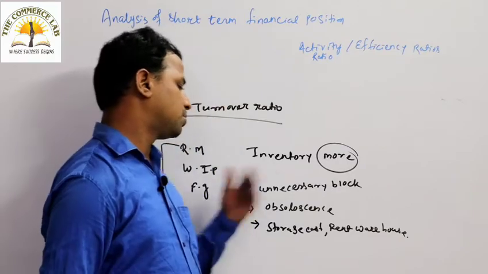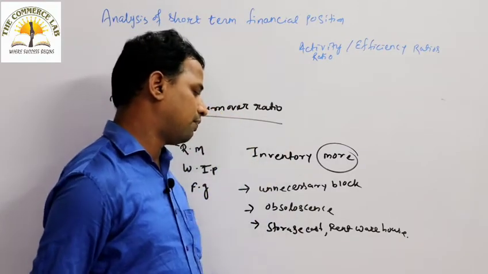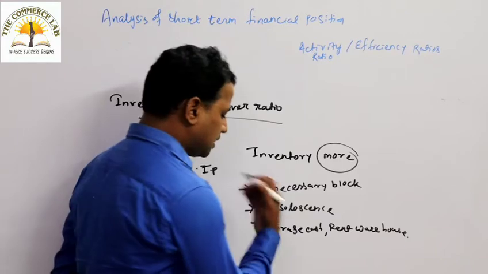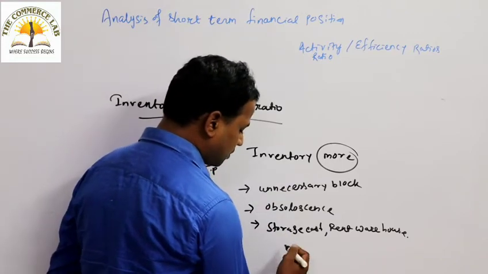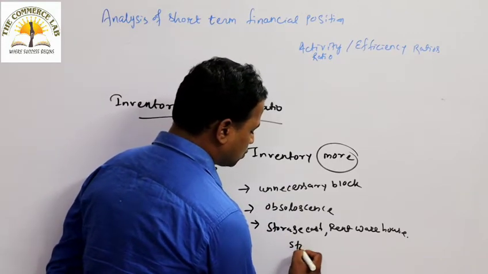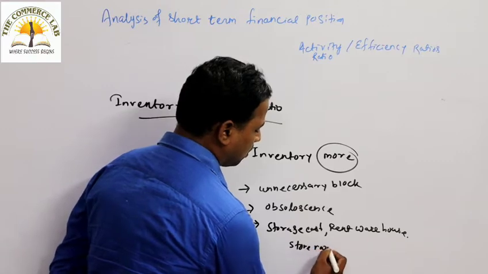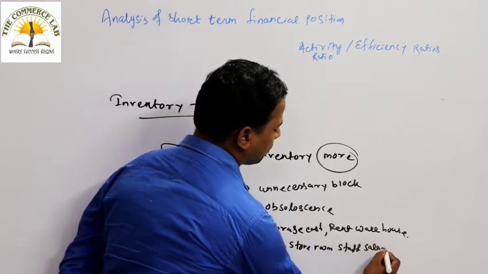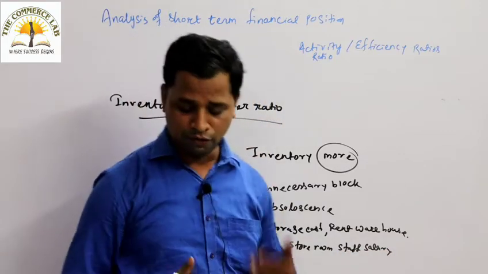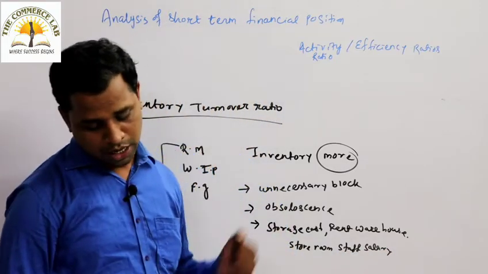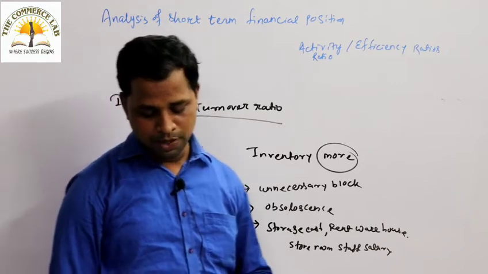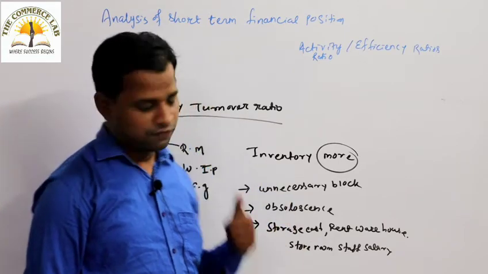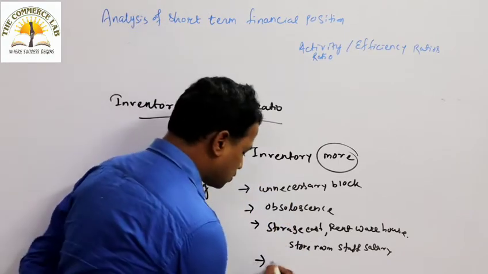There will be storage cost, rent of a warehouse, and different costs like store room and staff salary. Different kinds of cost arise when you have more funds invested in what, everybody? Inventory. There might also be deterioration.